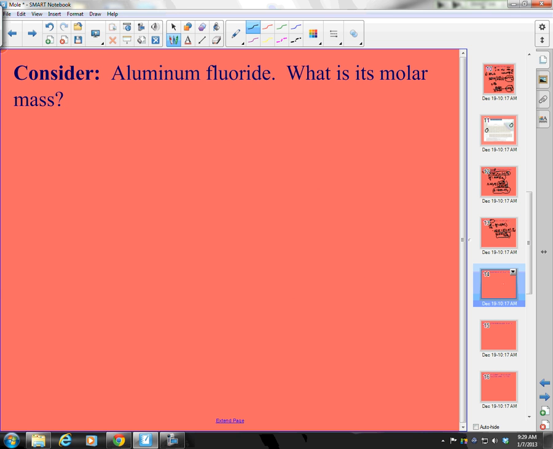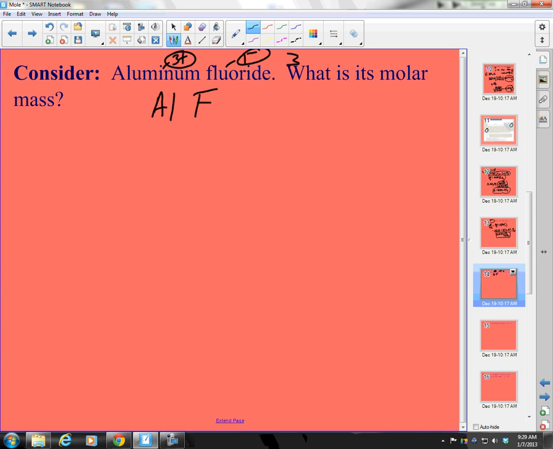All right, you guys do aluminum fluoride? Bring me back. Well, the key to doing aluminum fluoride is making sure we understand how to write the formula. Aluminum, when it forms an ion, forms a +3 cation. Fluoride forms a -1. So that means if I have a +3 and a -1, my least common multiple is 3.